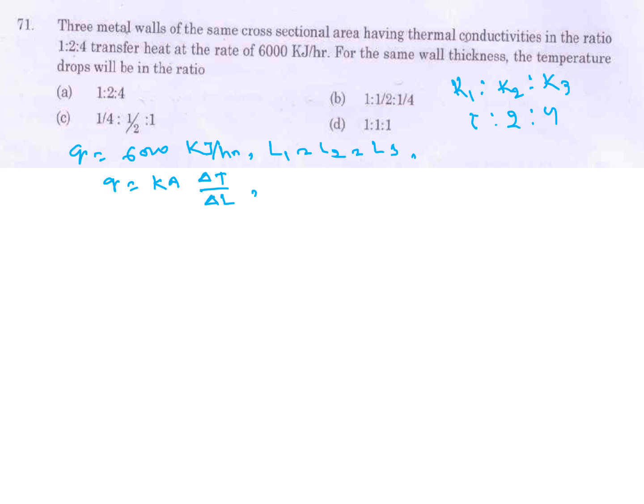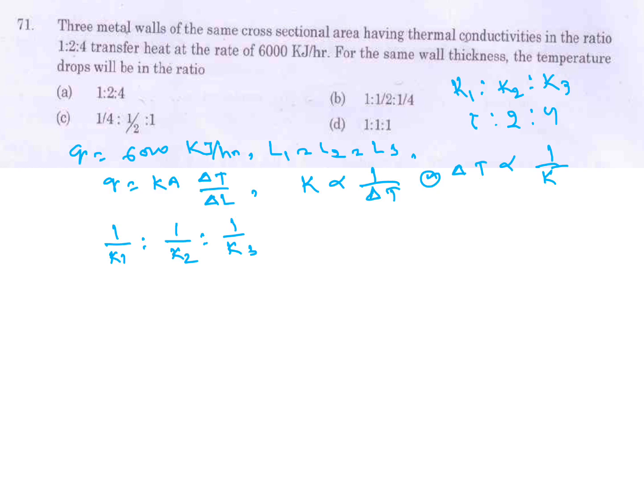So K is inversely proportional to delta T, or delta T is inversely proportional to K. So directly we can do that's 1 by K1 into 1 by K2 into 1 by K3.